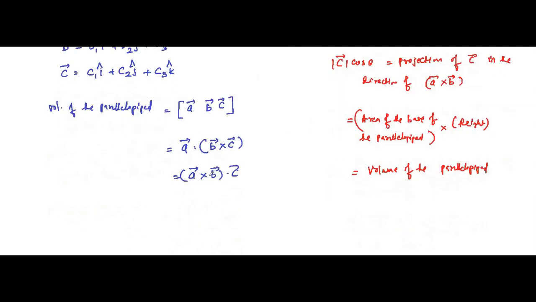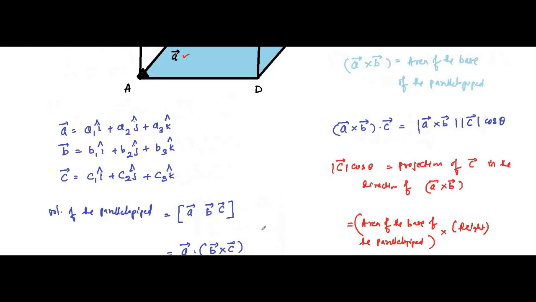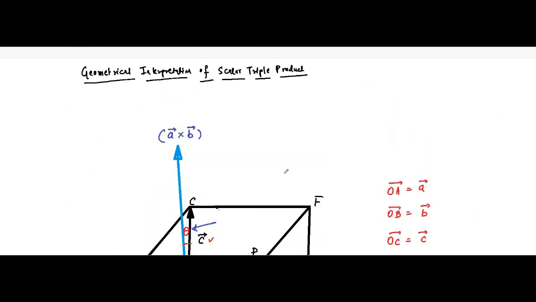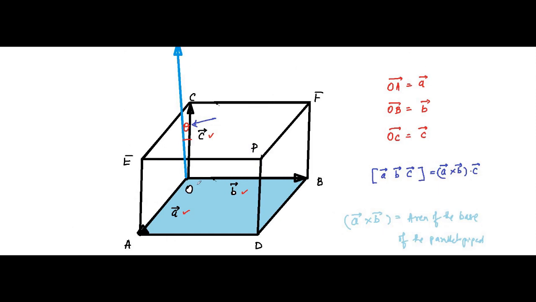So this can be represented in determinant form as we calculated the scalar triple product: A1, A2, A3, B1, B2, B3, C1, C2, C3. So this is the geometrical interpretation giving us the physical significance of scalar triple product, which gives us the volume of a three-dimensional structure, which is in this case a parallelepiped.